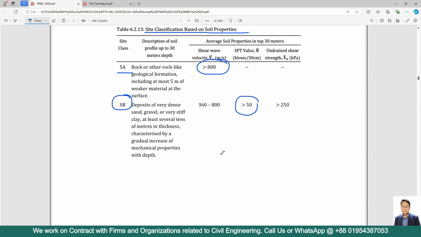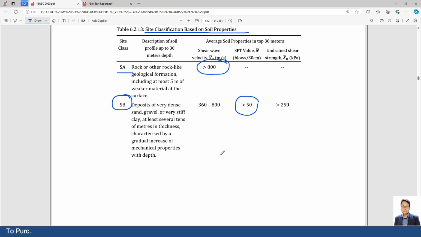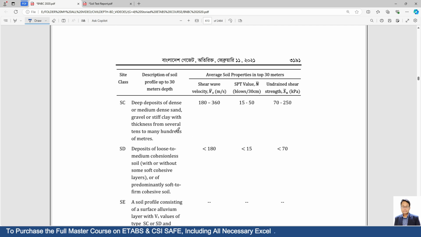But in our case, the value of average SPT is only 13. So we can go downward. For site class SC, the SPT value or N bar value should be between 15 to 50. So we can say this is not the site class of our soil.